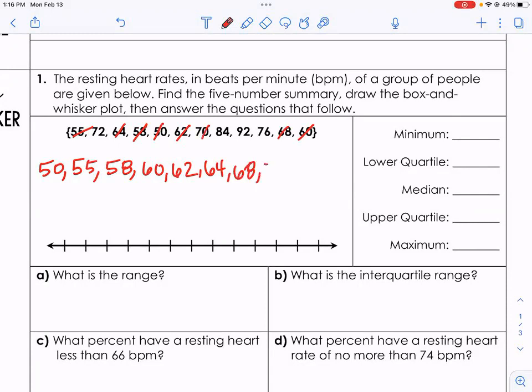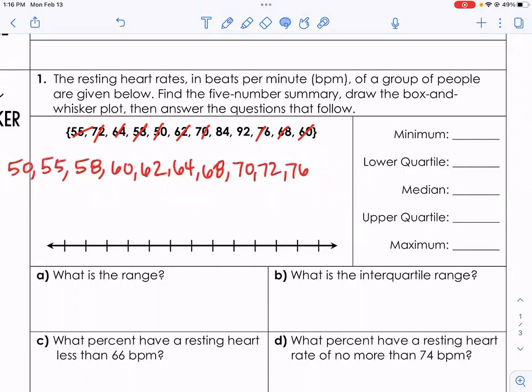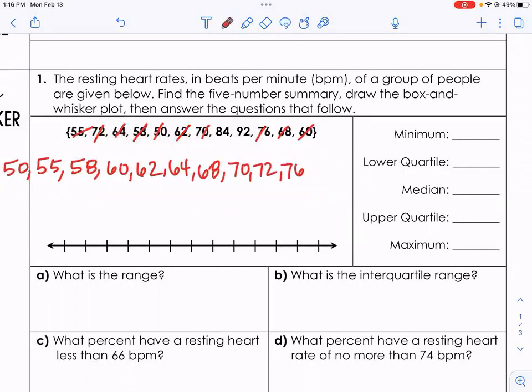Then we can put 70. Then 72. 76. 84 and 92.